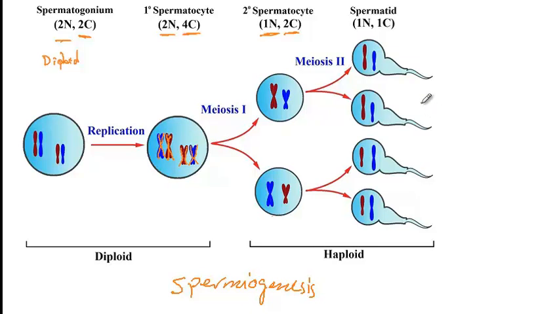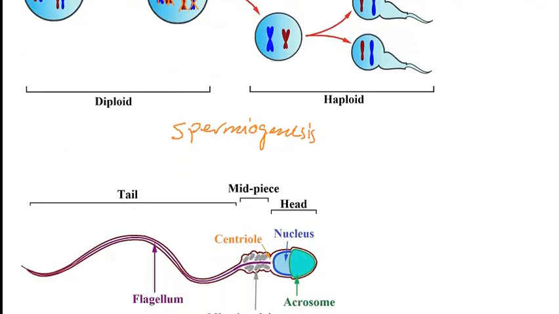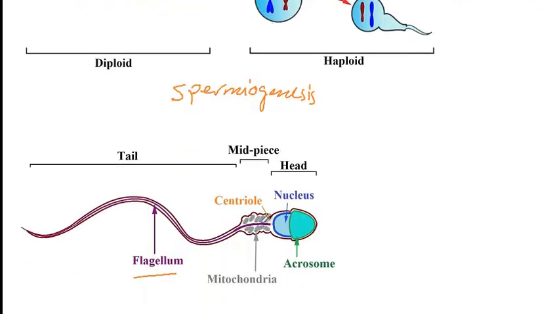Genesis, meaning that these spermatids will now develop into a mature spermatozoa. Okay? And then during spermiogenesis, the changes that you will see is that the spermatozoa become elongated. It will start to develop a flagellum, a midpiece, and then finally its head will start to develop an acrosome.